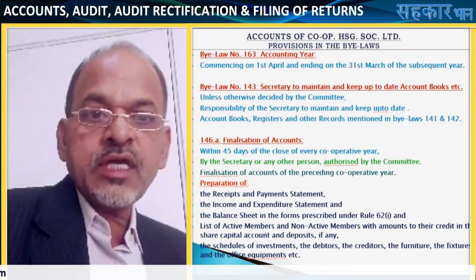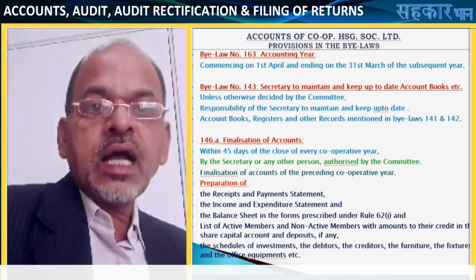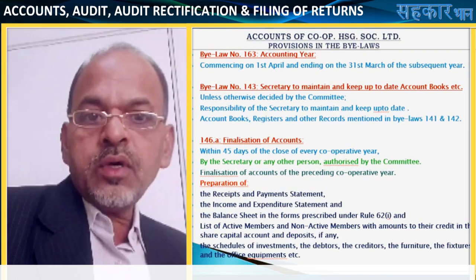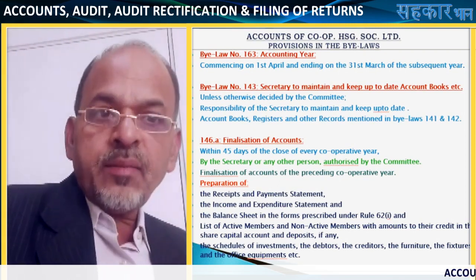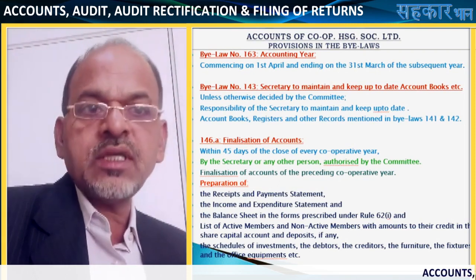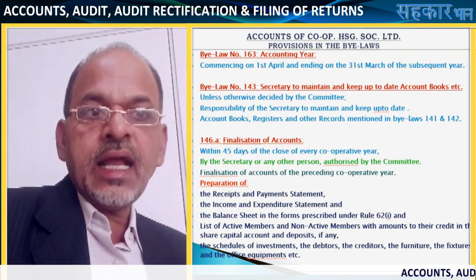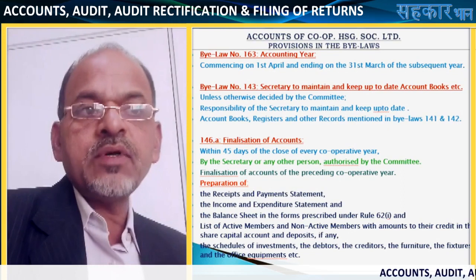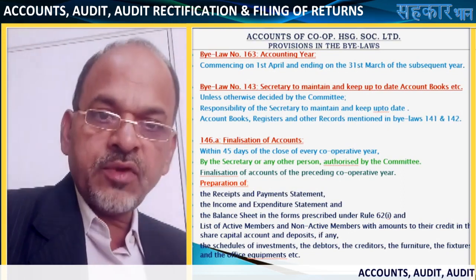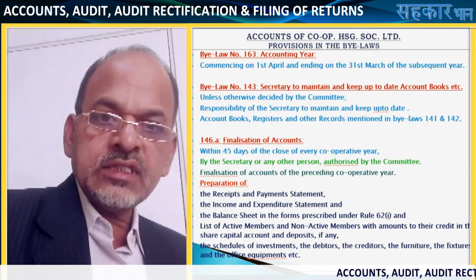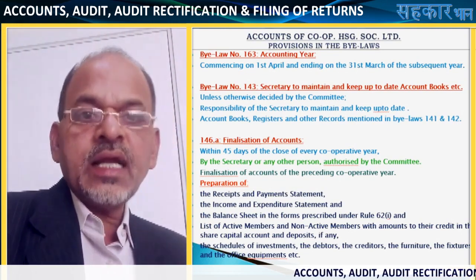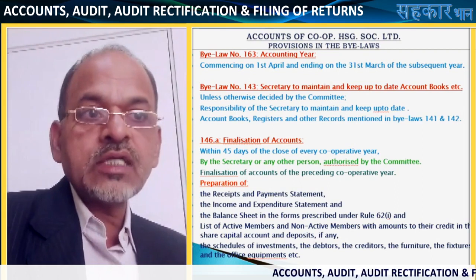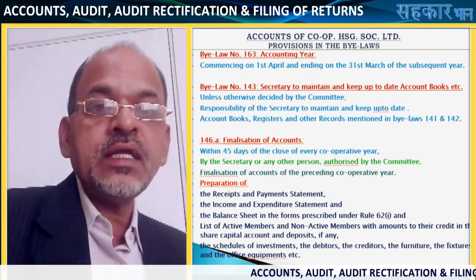Now here bylaw number 163, bylaw number 143, bylaw number 146, etc., provide for the accounts of the cooperative housing society limited. See, what does bylaw number 163 provide for? Accounting year. Bylaw number 163 provides for the accounting year of a cooperative housing society.